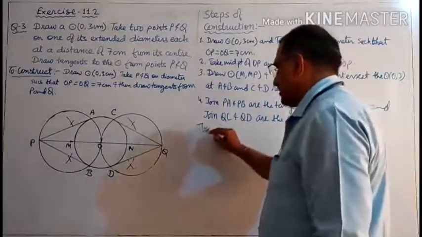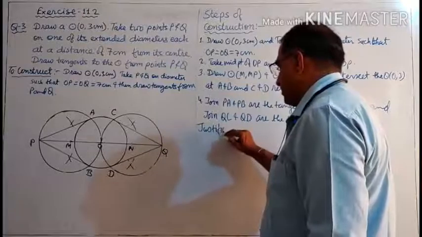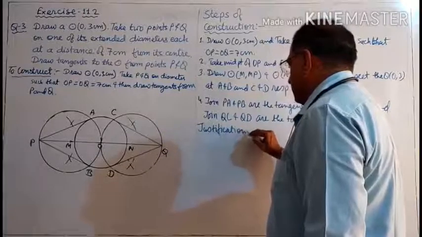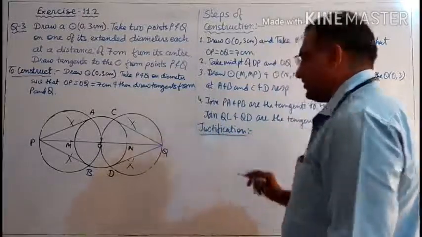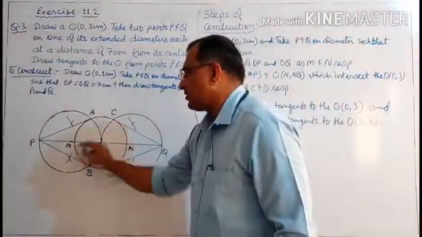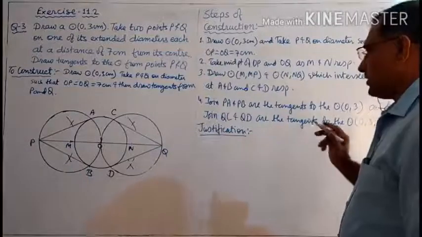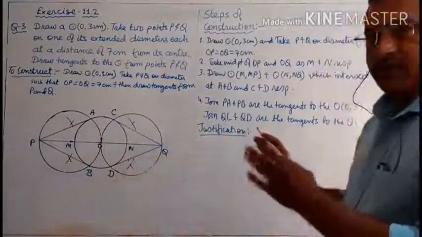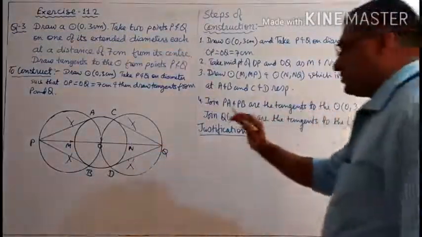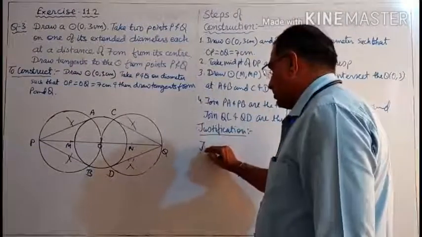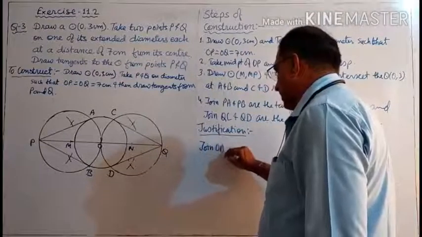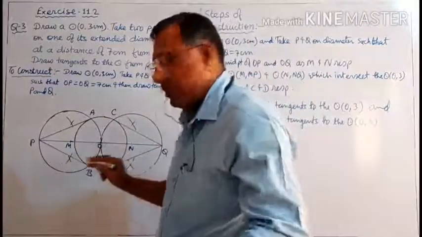So how can you say that they are tangents? So, justification that they are the tangents. First of all, we will go for the tangents from point P. Here, first of all, join OA.